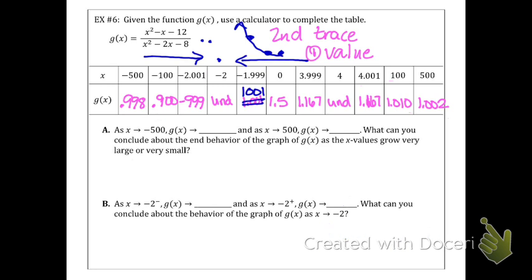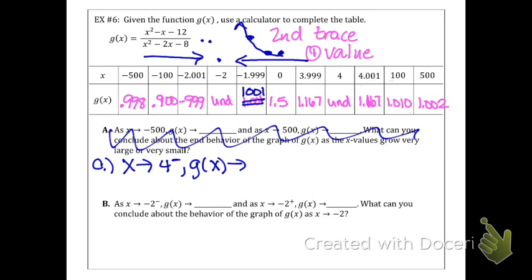All right, so C says as x approaches 4 from the left, g of x is going to approach what? So let's look at that. Let me come up here and get rid of some of these extra things again.